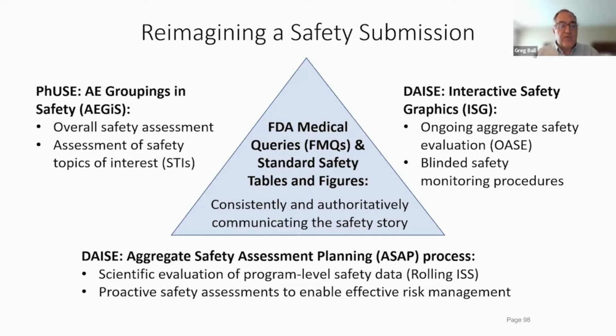And we have the Fuse Aegis group, which is helping us to coordinate how we use these FMQs and creating other groupings that are needed for particular programs. And these are going to be learned about through interactive safety graphics, which Jeremy Wildfire is going to talk about in the next session. But all of these groups are working together to improve how we evaluate, assess, and communicate important safety information. And one more slide, please.